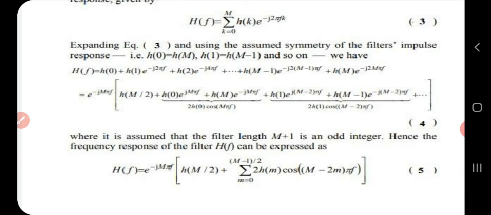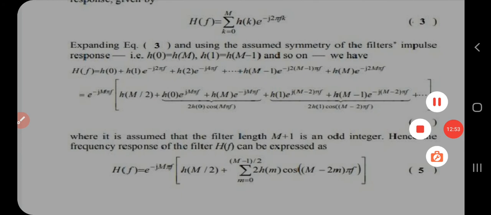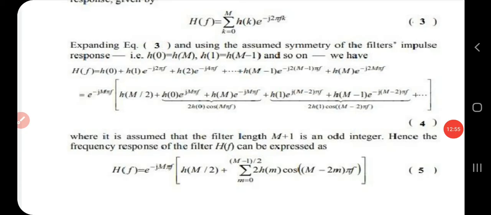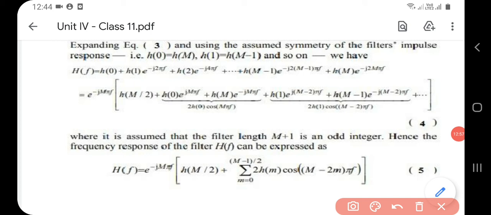I think you can skip that expression, and finally you can write equation 5. That is, after writing equation 3, you can mention a sentence like this: expanding equation 3 and using symmetry of the filter's impulse response and taking the filter length M plus 1 as an odd integer, we can write the frequency response of the filter H of f as this.